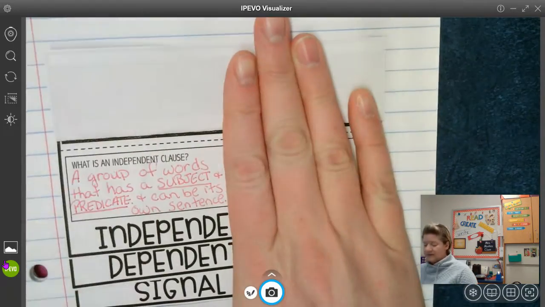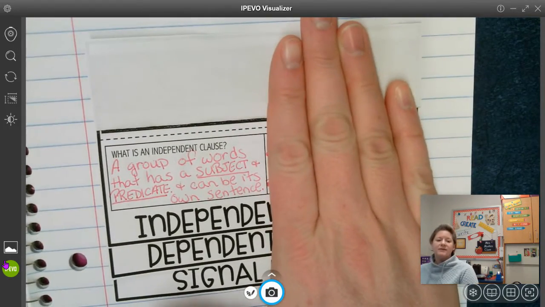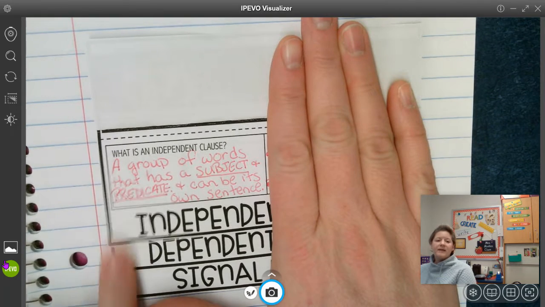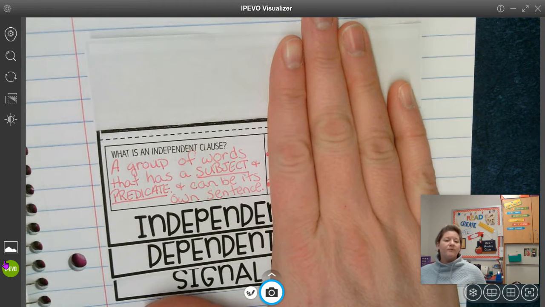So I'm going to kind of hold this down right here so you can see. An independent clause is a group of words that has a subject and a predicate, and it can stand on its own as a sentence. Okay. So some of this might sound a little confusing, but as we work our way through it, it's going to make more sense. So just go ahead and write that first definition down.